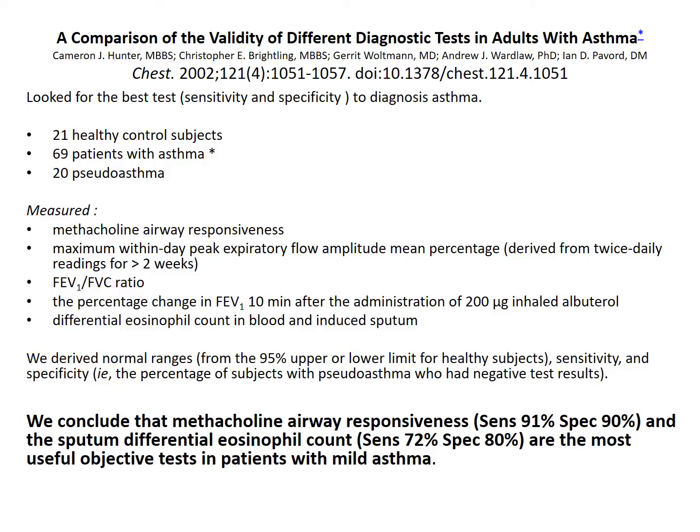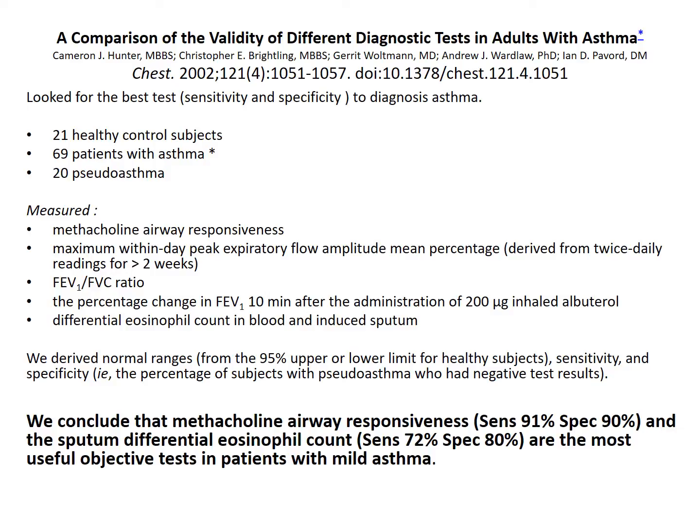So they had the methacholine airway responsiveness test, a challenge. They did peak flow diary twice a day for over 2 weeks. They looked at the FEV1 FVC ratio of their spirometry. They looked at the percentage change in FEV1 10 minutes after the administration of a beta-2 agonist, and they looked at eosinophil counts in blood and induced sputum.